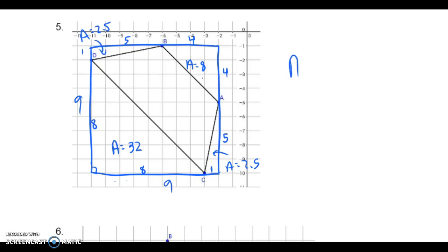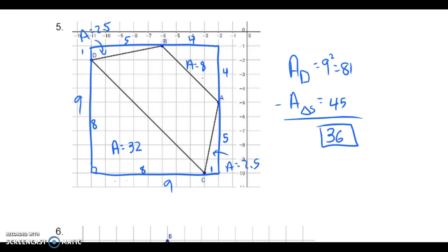So the area of the square is 9 squared, which is 81. And the area of the triangles together, see, 32 and 8 is 40, 42 and a half, I get 45. So when I subtract those, I'm going to get 36. Again, that's going to be the area.